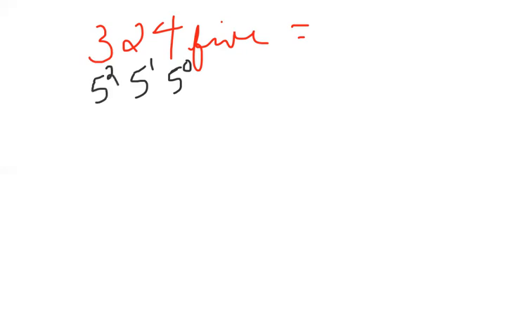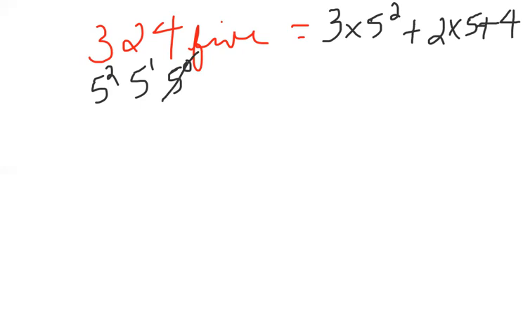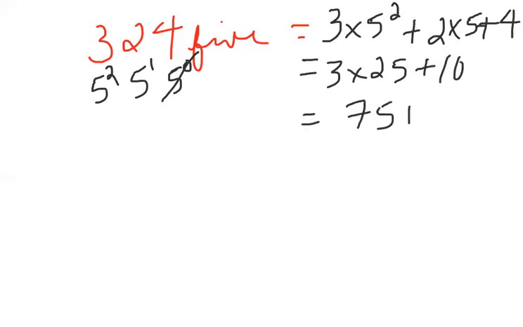So we do 3 times 5 to the second plus 2 times 5 plus the 4. Remember, 5 to the 0 power is just 1, so you really don't need that. So 5 squared is 25. 25 times 3 gives you 75. 2 times 5 is 10, guys. So you add it all up, and yes, you end up with 89.